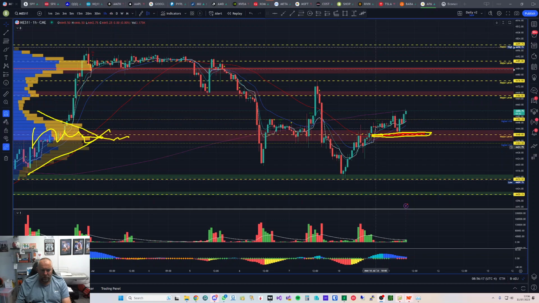So this zone, which has been drawn in for weeks, is still a heavy area of volume. Any pullback into this area, we want to keep an eye out for a potential bounce, maybe a scalp. But it's been there for a long time. Maybe all of the demand has now been eaten up, and we might just see it break back down through it. So that's an area to keep an eye out.